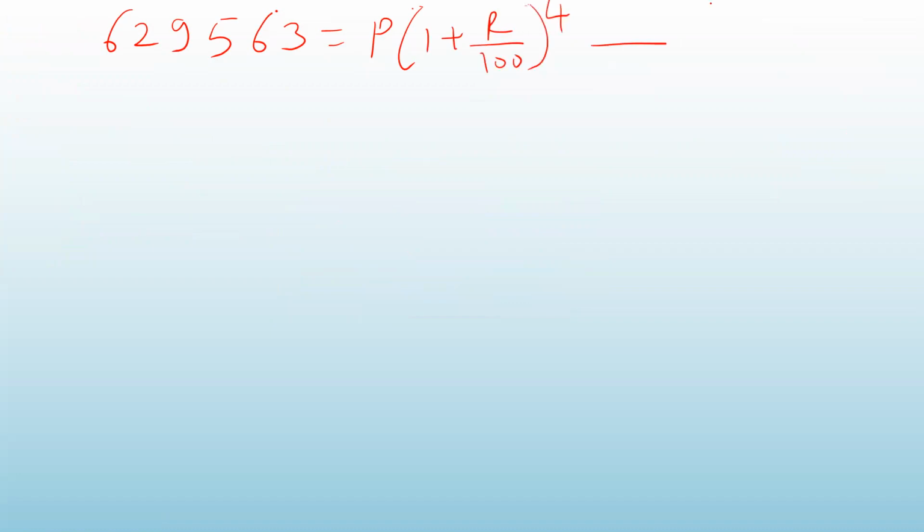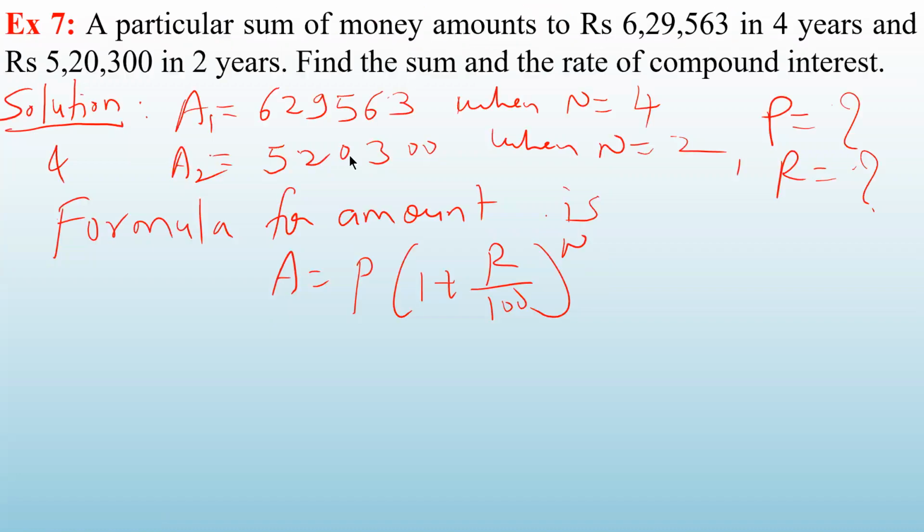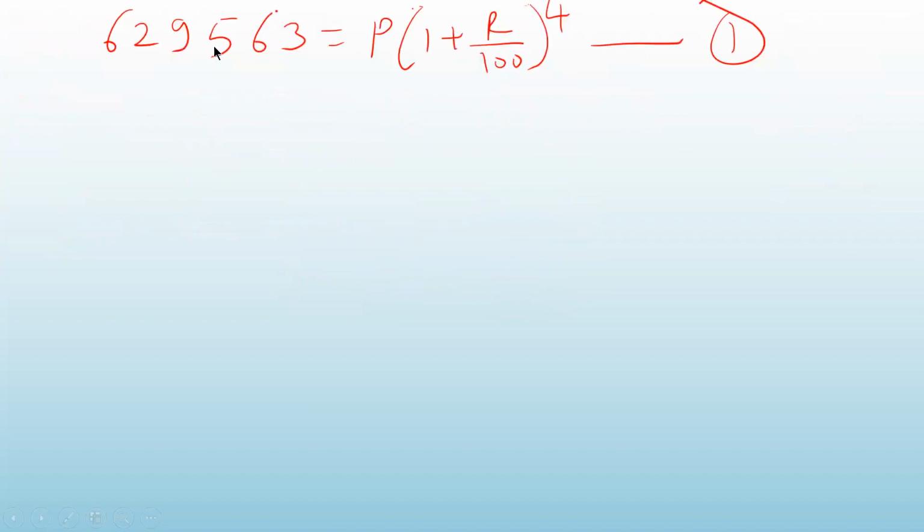I'll get the first equation. See what I've done? I put the value of A as 6,29,563. P I don't know, so I'll keep P as it is. R also I don't know, I'll keep as it is. And n I will keep as 4. So I'll get 629,563 equal to P into 1 plus R upon 100 raised to power 4. I'll call it equation 1.